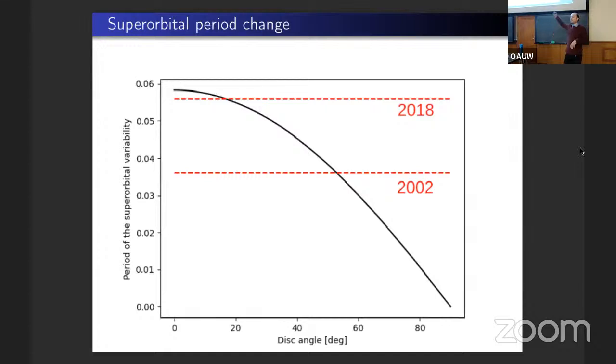So actually, we see that in our 2018 observations, it goes down to the 2002 value. So we know for sure it changes with time. So it's not a static situation. That is the only thing that we know for sure. But as I said, one model that I like is the pushing of the accretion disk by the accretion stream. But nothing for sure.